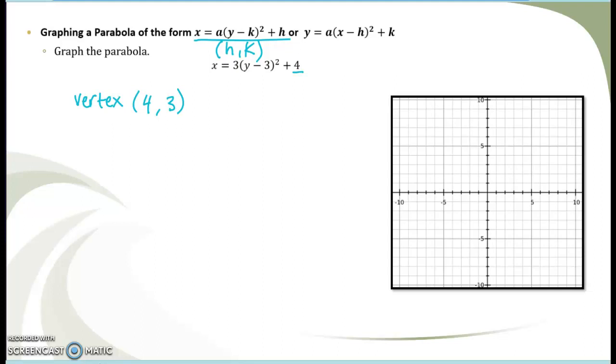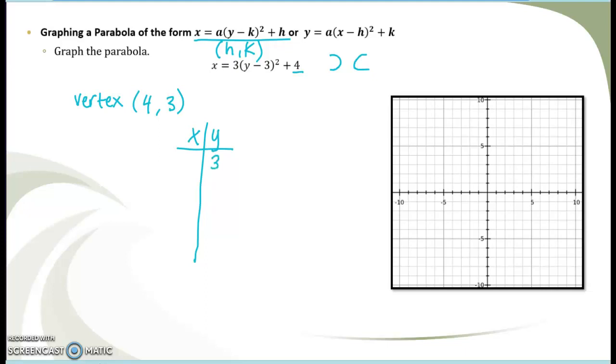But when we have x equals y squared, we end up with a parabola that either opens up left or right. Which means that instead of choosing values for x and finding out what y is, because we have x equals something in terms of y, we're actually going to choose values for y.